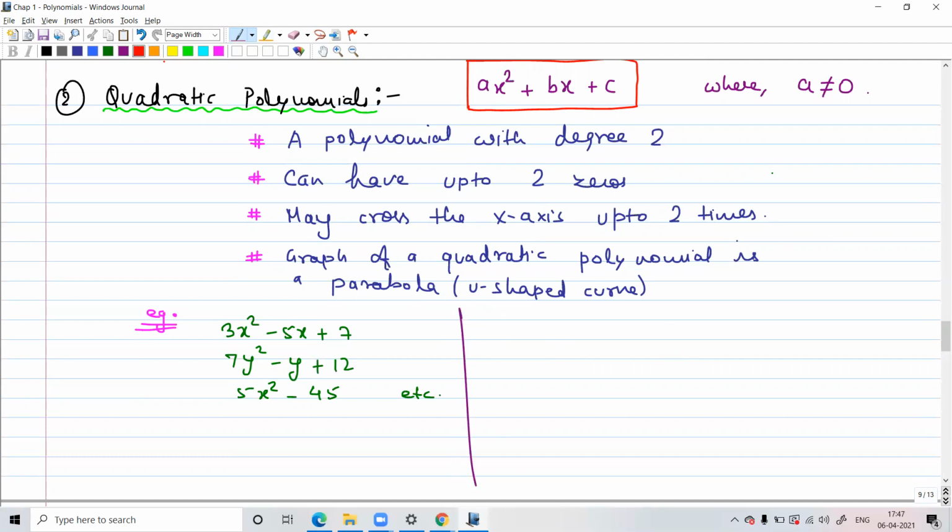Let's go ahead with this now. So what I was saying, let's say I have this polynomial, 3x squared minus 5x plus 7. Look at the standard form over here and tell me what is the a value, what is the b value, and what is the c value? These are the coefficients of x square, x, and the constant term. A is the coefficient of x square, B is the coefficient of x, C is the coefficient of the constant term.